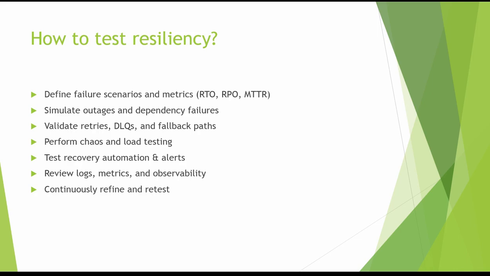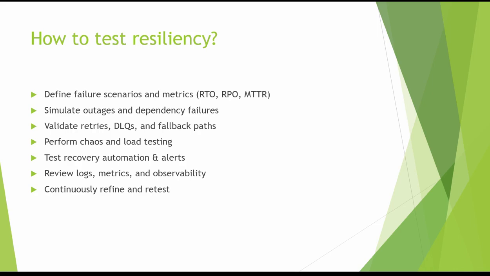The second one is to simulate outages and dependency failures. Either manually or through automation, we have to turn off dependencies, for example, disable a function app, throttle an API in APIM, or pause a downstream service. Watch how Logic Apps, Service Bus, or Data Factory respond. Do they retry, or queue messages?